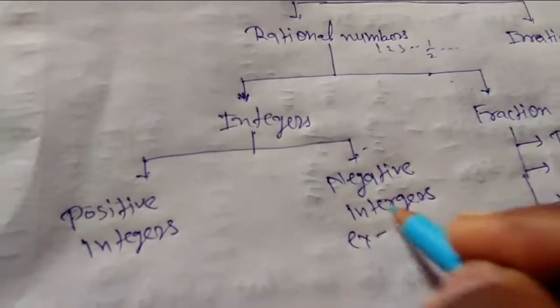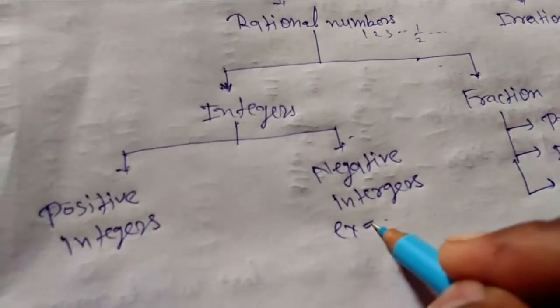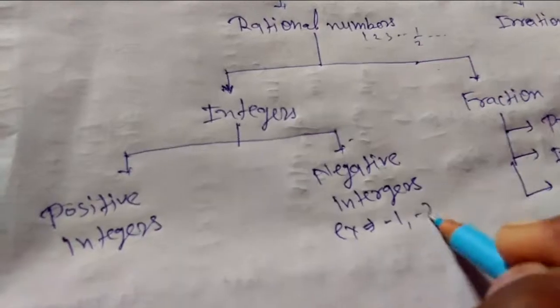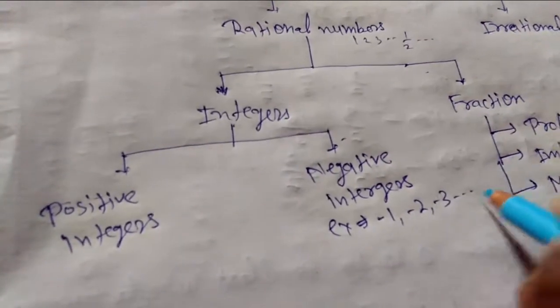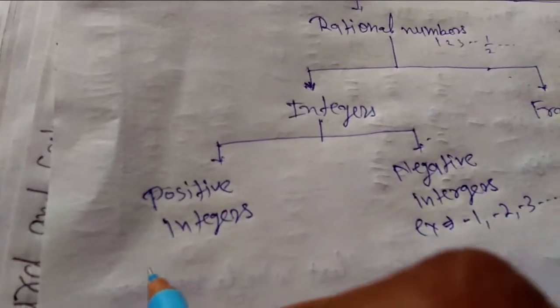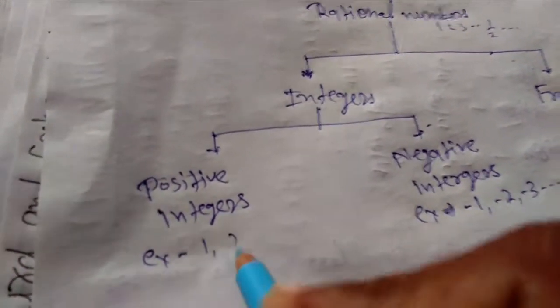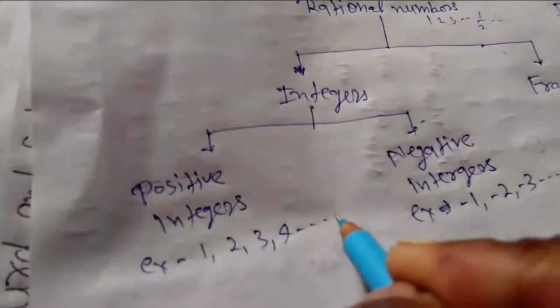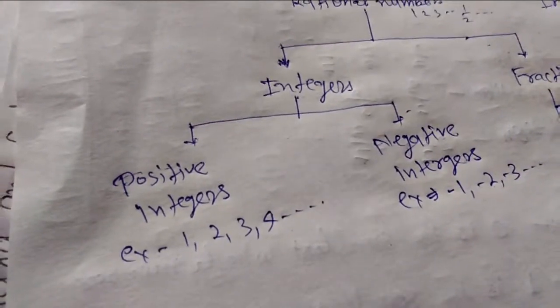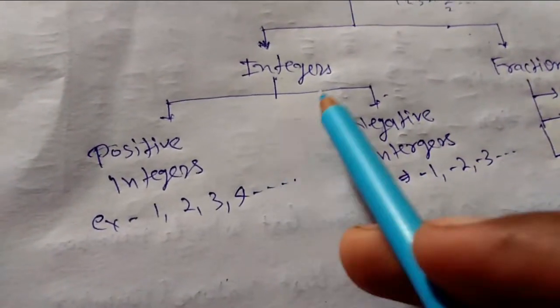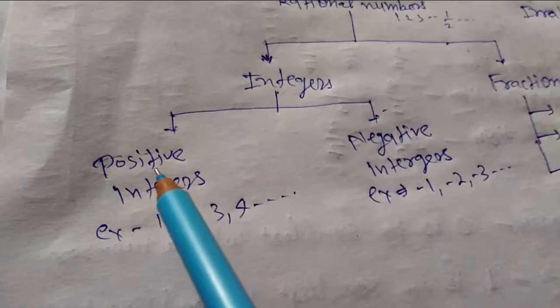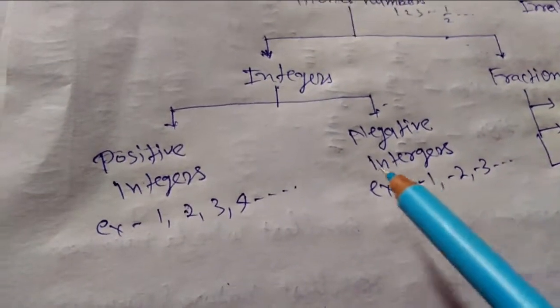Example of negative integers: minus 1, minus 2, minus 3 and so on. Positive integers example: 1, 2, 3, 4 and so on. These are the classification of integers, two parts, positive integers and negative integers.